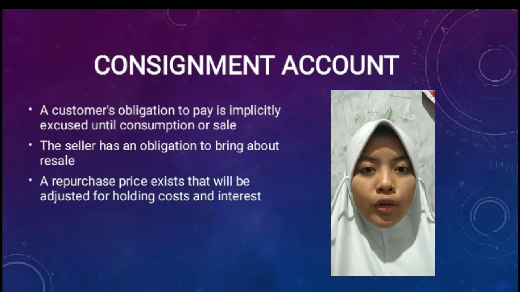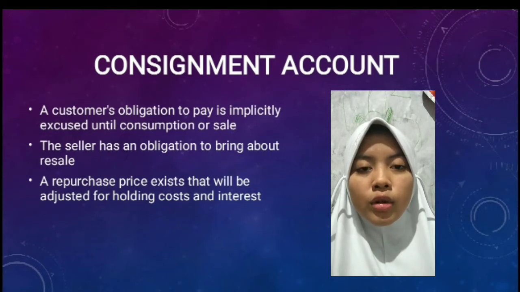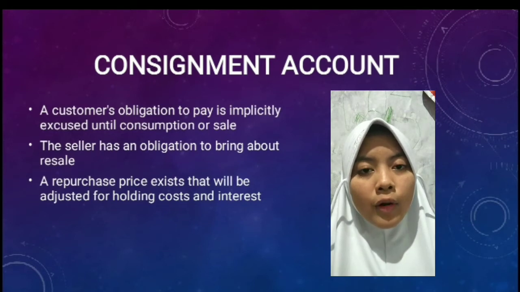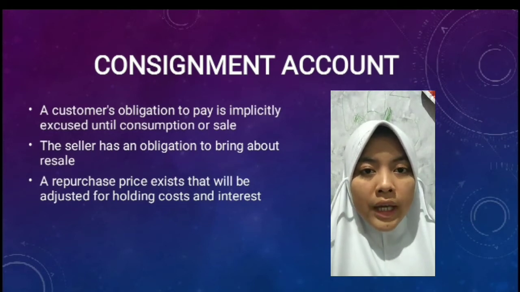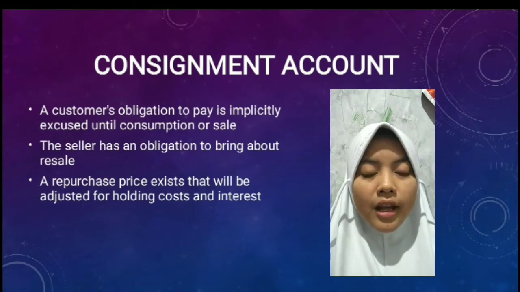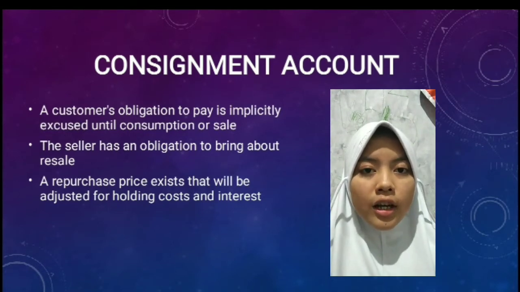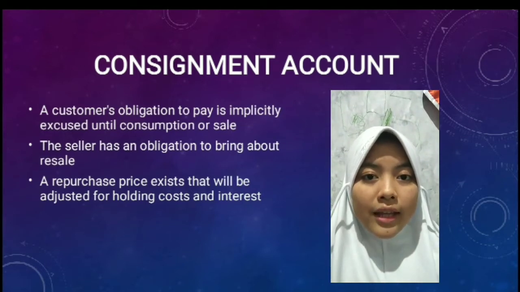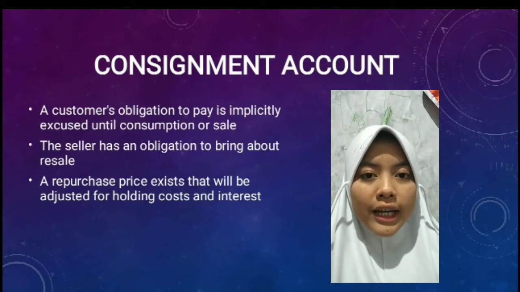This could occur at the expiration of a specific consignment period. Indicators include: number 1, the customer's obligation to pay is implicitly accrued until consumption or sale. Number 2, the seller has an obligation to bring about resale. And the last, the repurchase price will be adjusted for holding costs and interest.